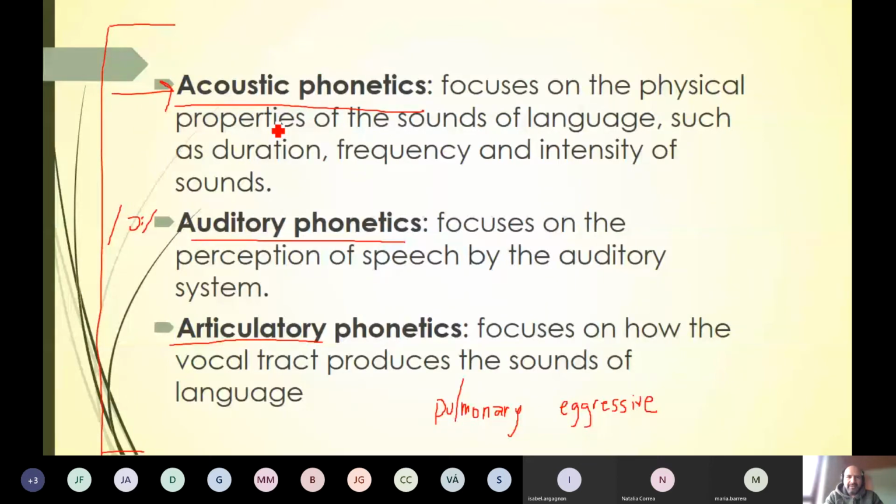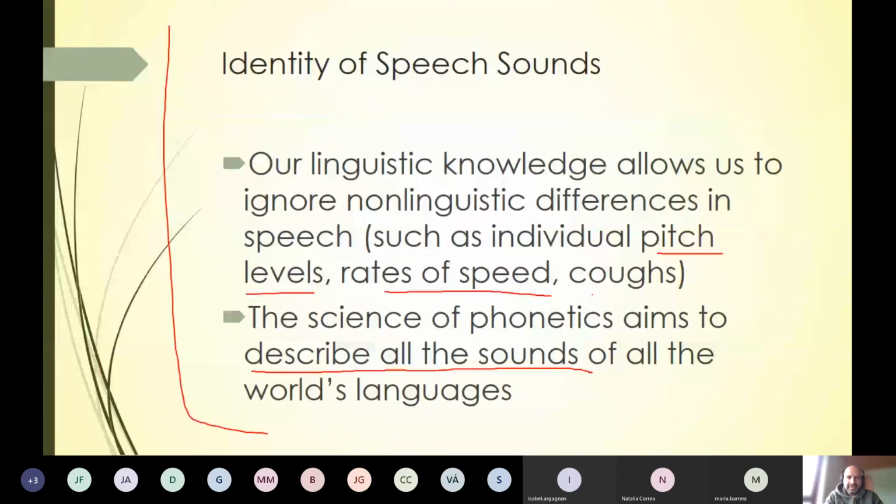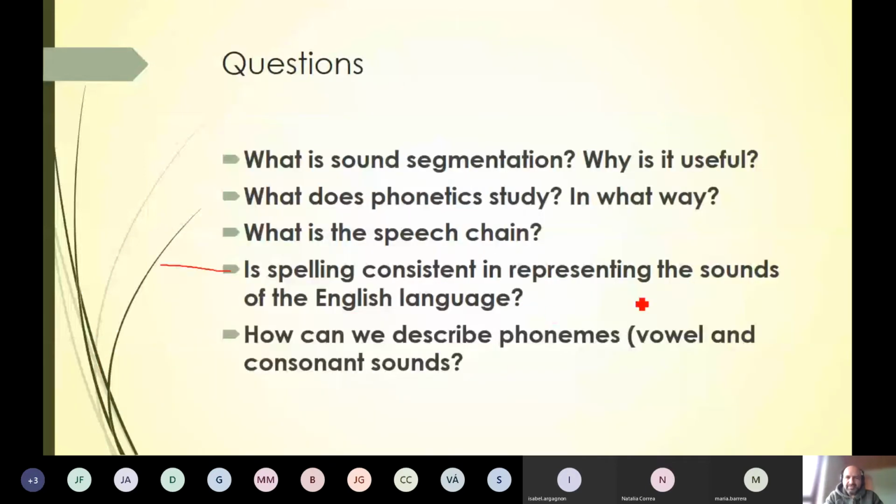Now, there's another question here, which is: is spelling consistent in representing the sounds of the English language? Spelling or orthography, is it consistent? I mean, can we rely on spelling? Can we say, okay, this letter is always going to be consistent?